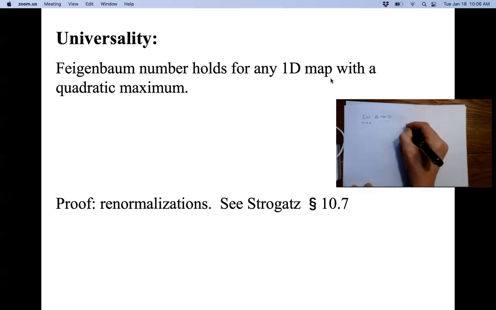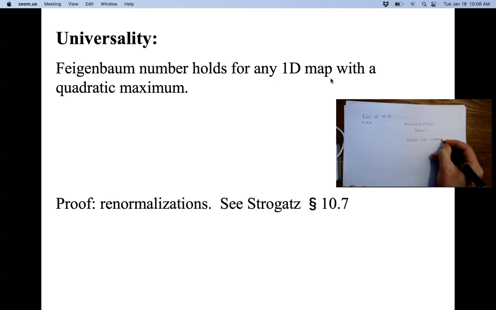That's called the accumulation point. And the accumulation point flags the onset of chaos.